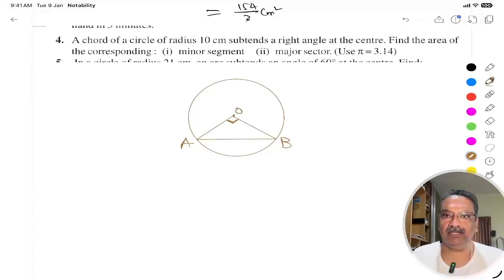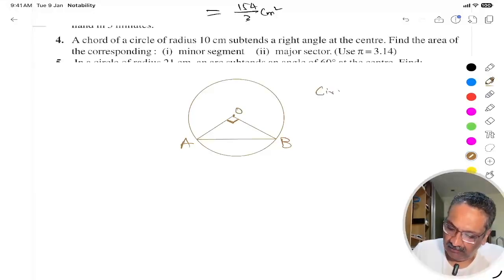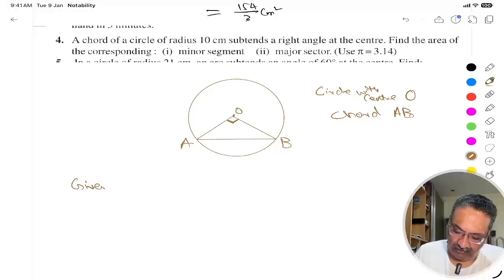A circle with center O, chord AB. So we have a circle with center O, chord AB. Now given, I will take this as theta.